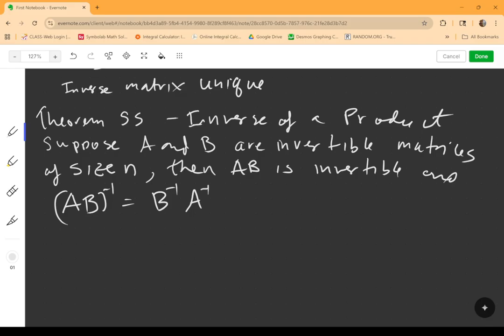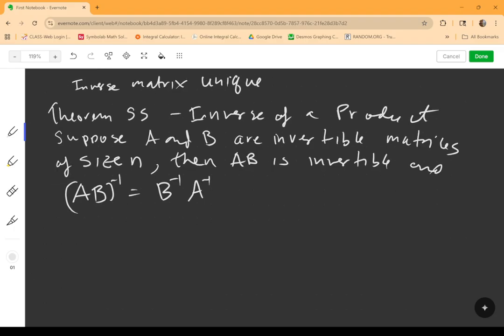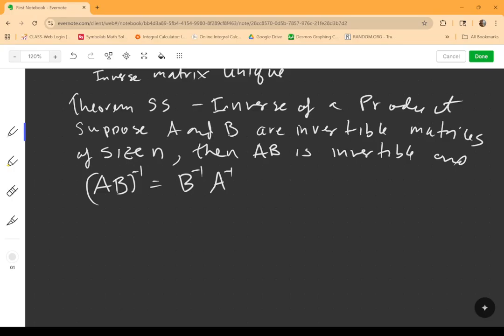Let's see why this has to be true. Really, we just have to verify that the inverse of this is equal to that. I know A and B are invertible. So really what I have to do is, let's see.